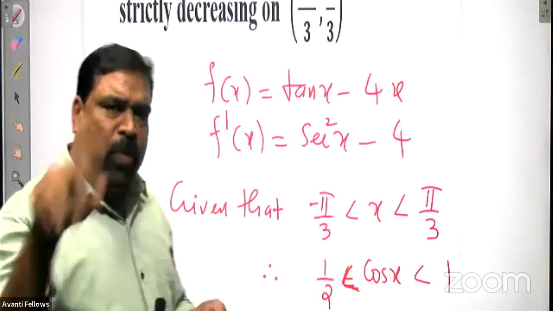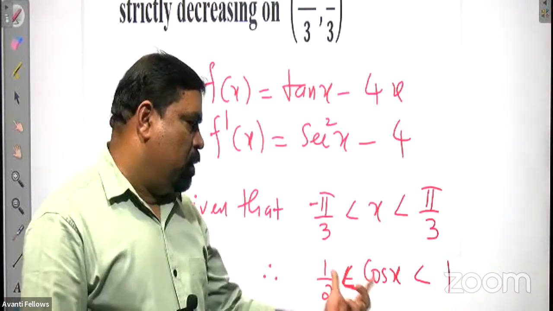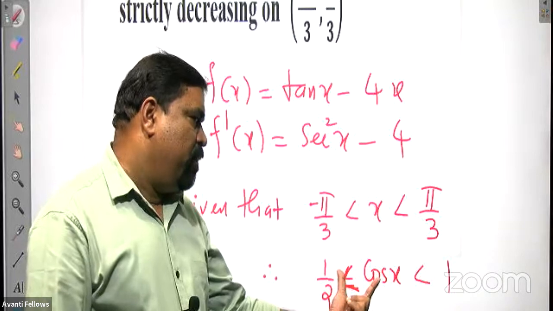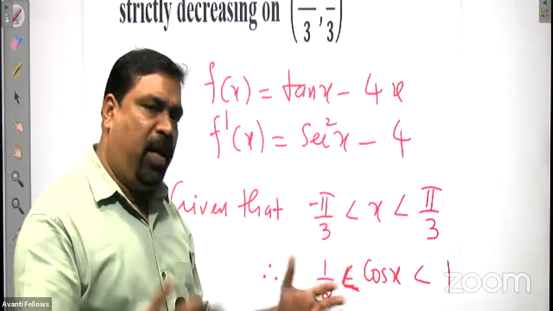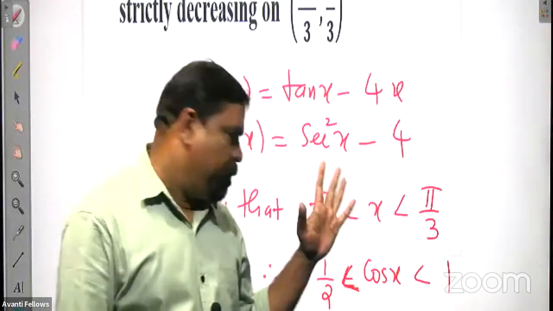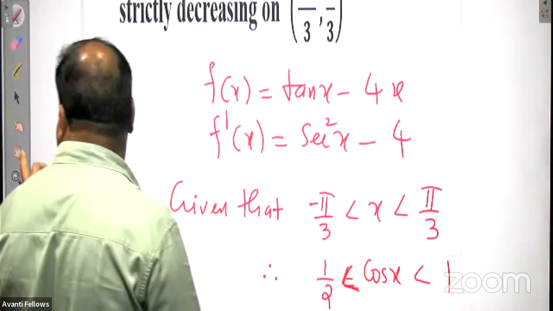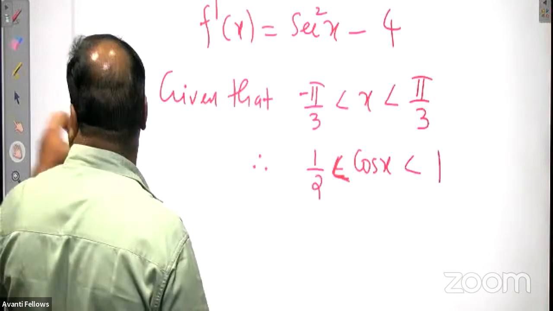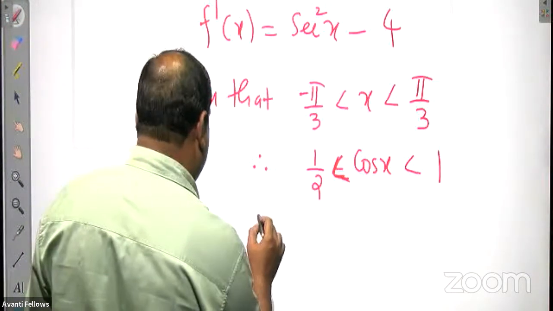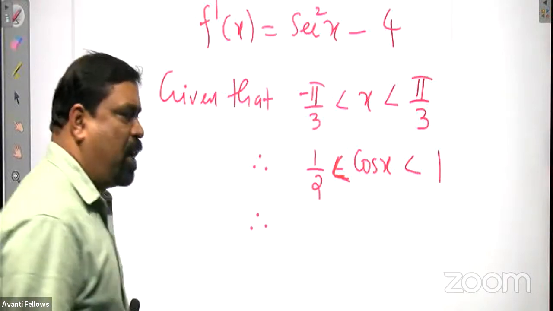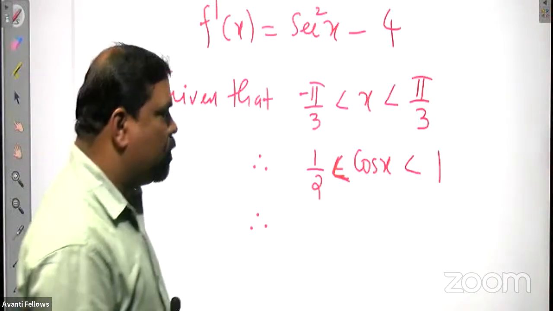If you know the graph of cos x also, we can say where cos x lies. When x is in between minus pi by 3 and plus pi by 3, what is the bounded interval for cos x actually? Now, if you know cos x, we can say about sec x. What about sec x then? Sec x belongs to which interval?